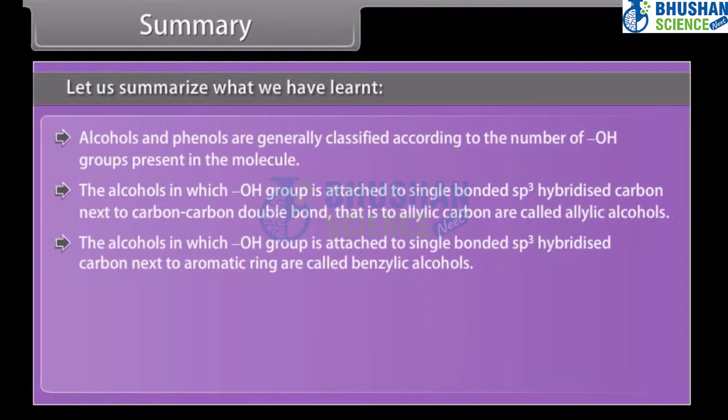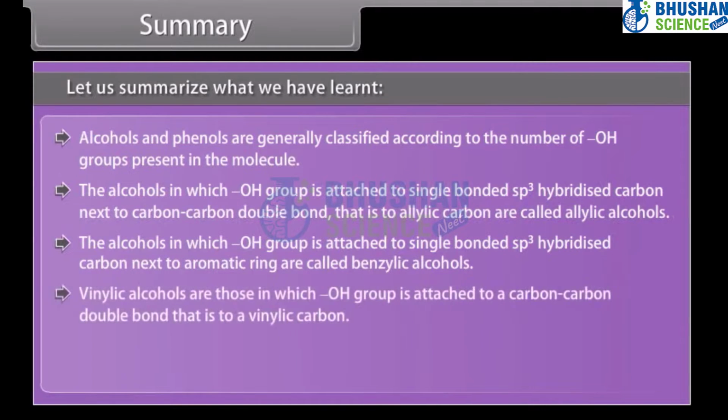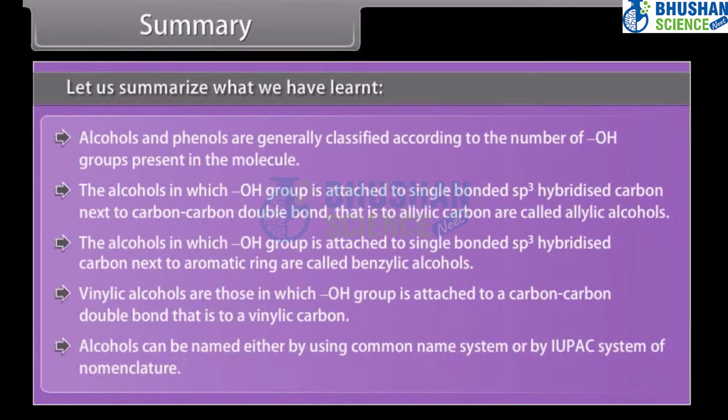The alcohols in which the hydroxyl group is attached to a single bonded sp3 hybridized carbon next to an aromatic ring are called benzylic alcohols. Vinylic alcohols are those in which the hydroxyl group is attached to a carbon-carbon double bond, that is, to a vinylic carbon. Alcohols can be named either by the common name system or by the IUPAC system of nomenclature.